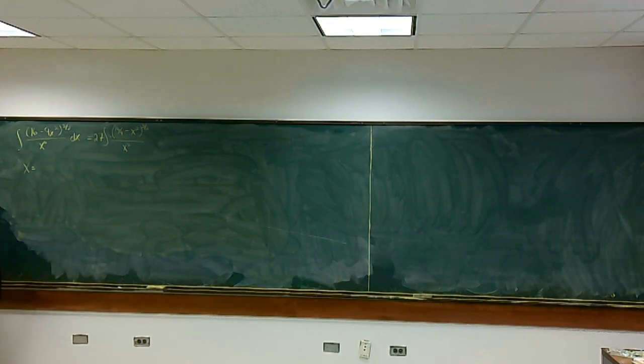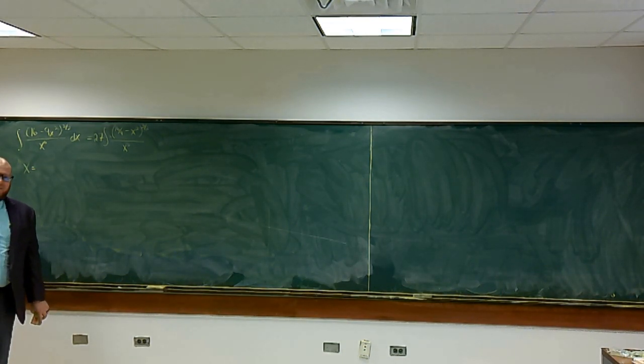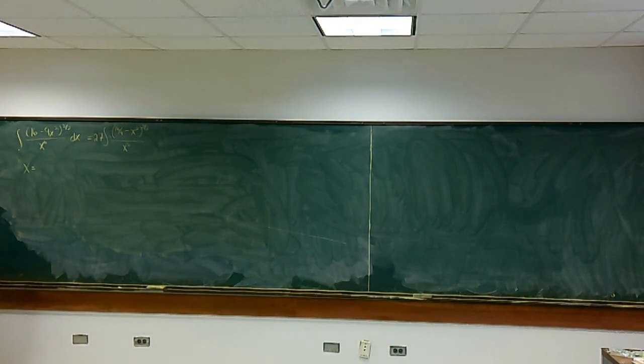What is x going to be? 16 over 9 minus x squared. So which of the three forms is it?